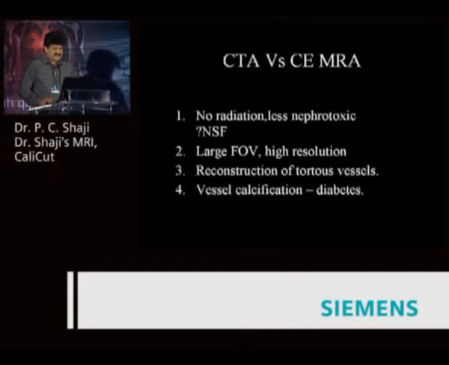Now this is just one slide. There is quite often a confusion about which modality to use. I am for MR angiography because I don't have a CT angiography, but I prefer it for two aspects. One is that there is no radiation, which is one of the major concerns of the public now, and you get a high resolution. High resolution in the sense that it's not spatial resolution, it's temporal resolution.